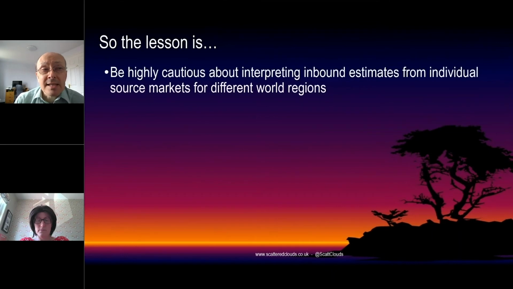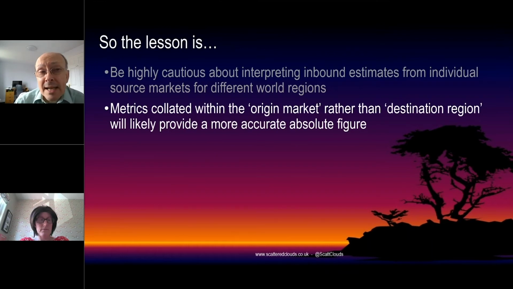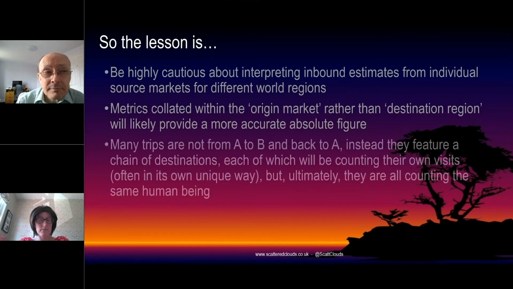So the lesson here is that you need to be highly cautious about interpreting inbound estimates from individual source markets for different world regions. Metrics collated within the origin market rather than the destination region will likely provide a more accurate figure.